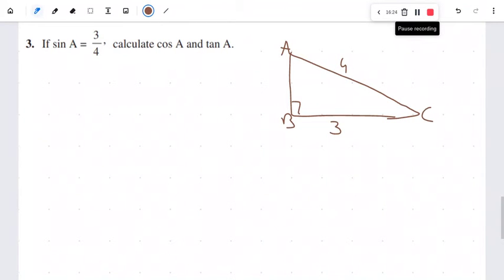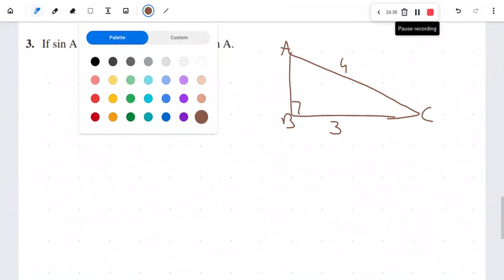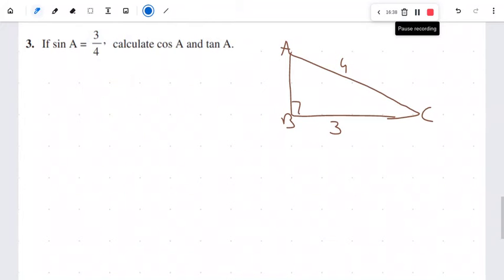Now I do not know the value of AB. So what will I do? Let's do the Pythagoras theorem now. I have to find AB. So AC square means 4 square will be equal to 3 square plus AB square.